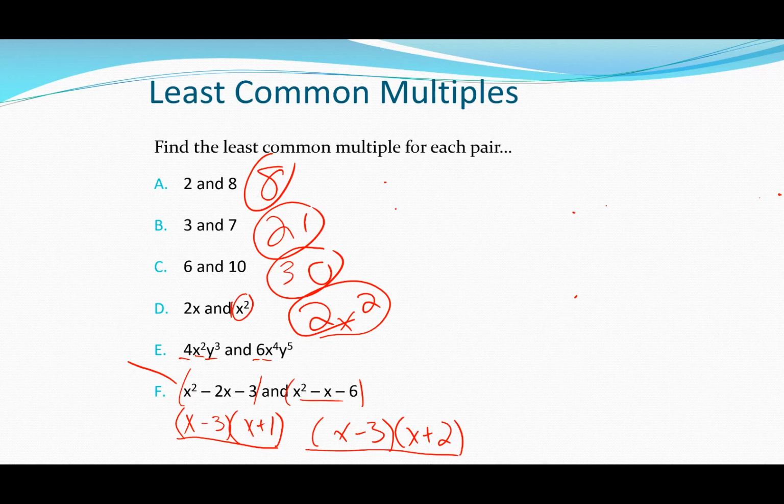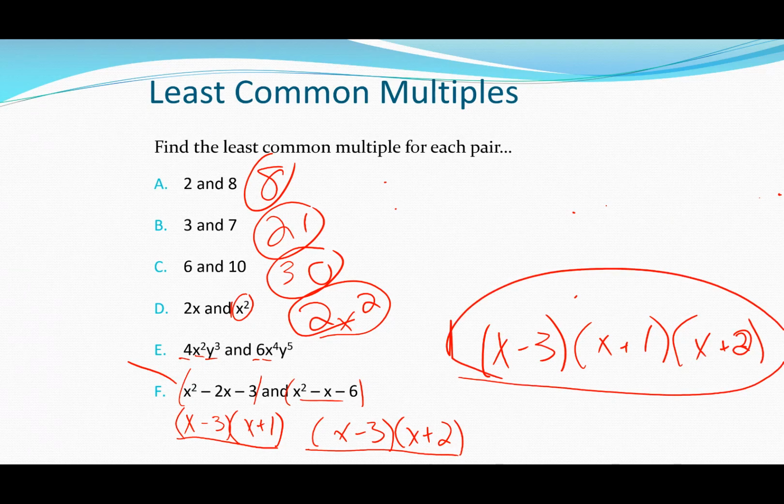So notice, here's how it would work. They already have x minus 3 in common, so x minus 3 is part of those common factors. Now, the first one has x plus 1, but it doesn't have the x plus 2 that the other group has. Basically, you just need to combine all the different ones together in general. So this is your least common multiple here, basically one of each.